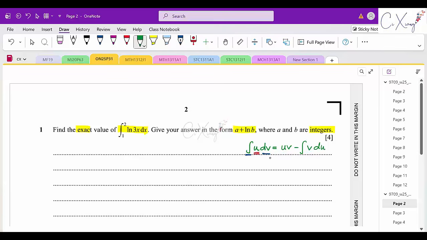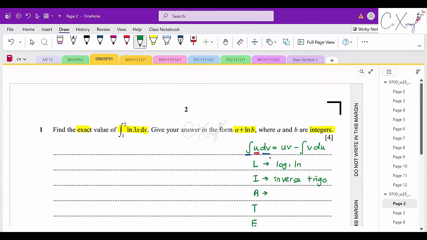So we need to follow a rule that we call the LIATE rule, L-I-A-T-E. Just to recall: what is the L here? L means logarithmic function, such as log, ln. I means inverse trigo. In our syllabus, in paper 3, there's only one inverse trigo so far, which is tangent inverse.